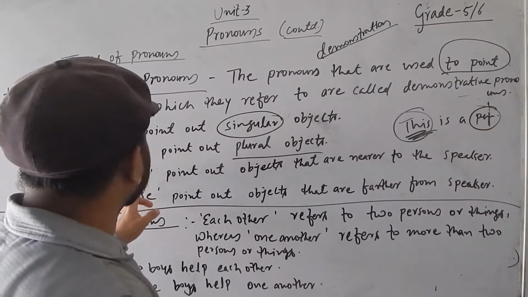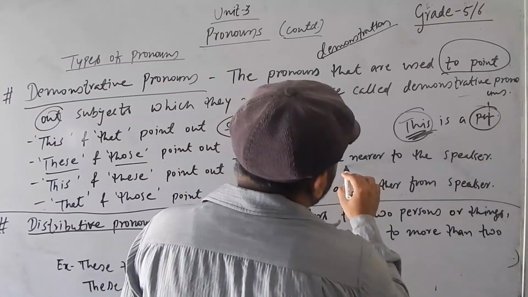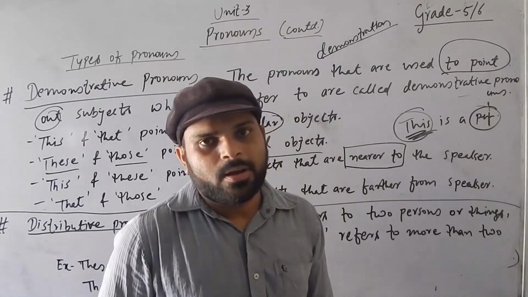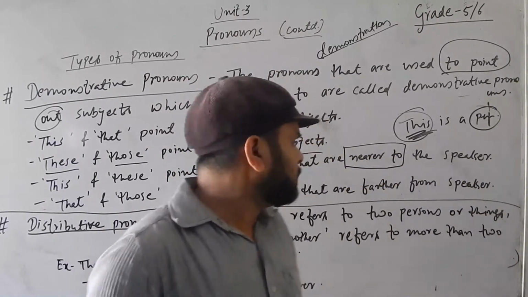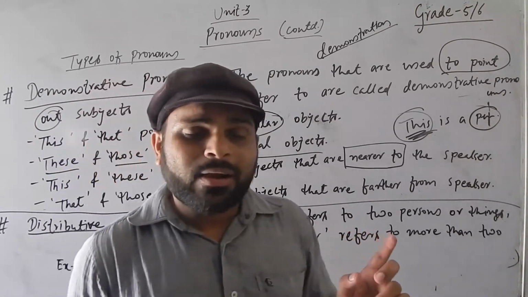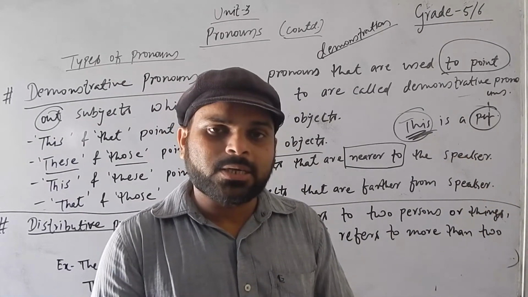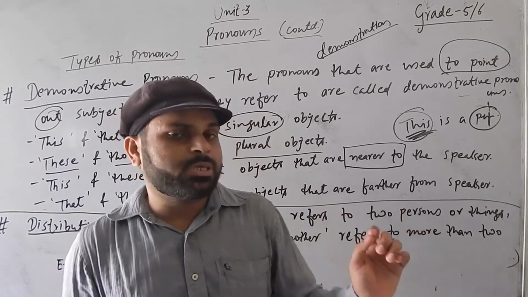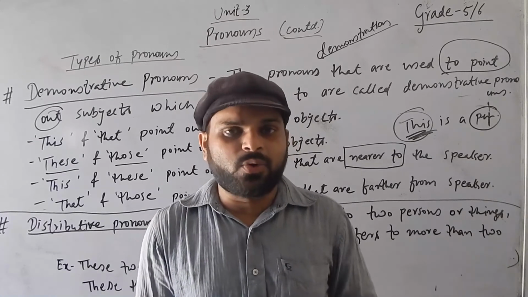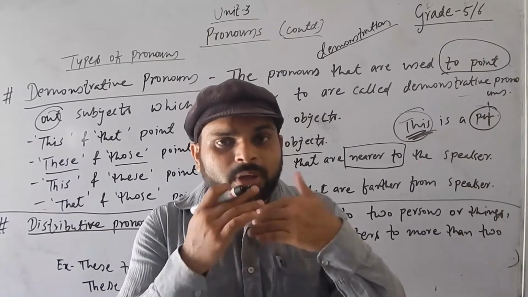This and these point out the objects that are nearer to the speaker. Whether it is singular or plural doesn't matter. The thing is that you use them for anything that is nearer to you, not farther from the speaker.